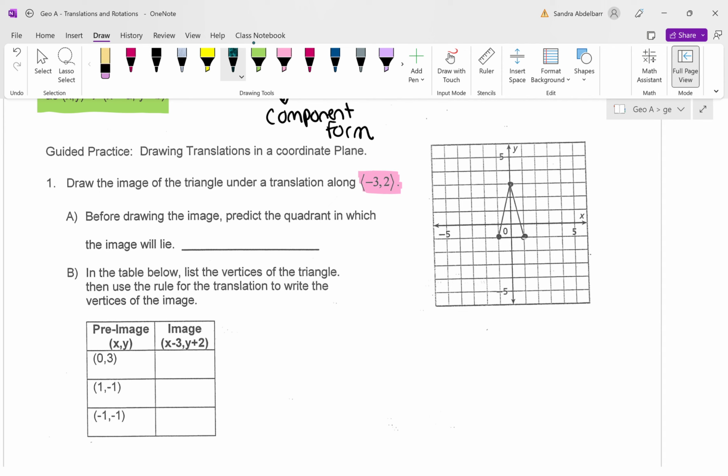So 1, 2, 3, 1, 2. And then again for each of the other points. And now here is my image after the translation along the vector ⟨-3, 2⟩.